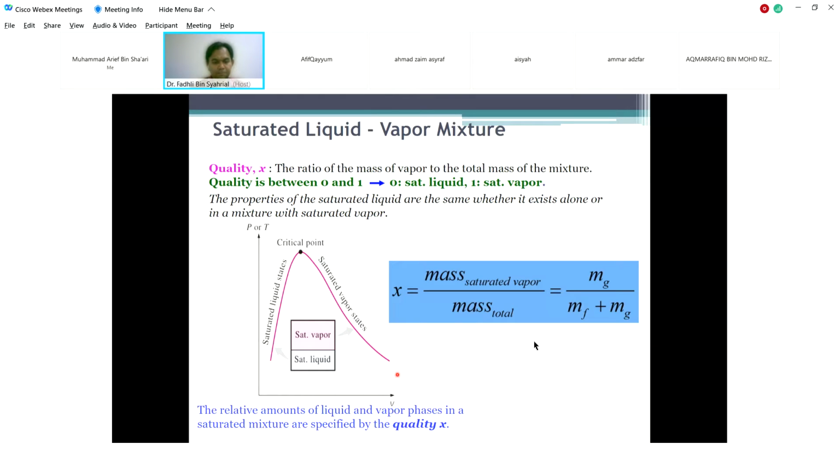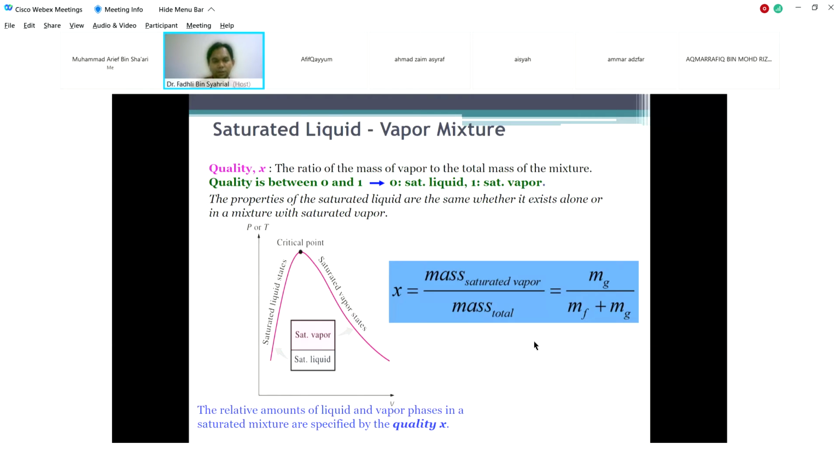So in between these two curved lines, or in this region, the phase is saturated liquid vapor mixture. Okay, so in order to learn how to analyze the saturated liquid vapor mixture phase, we have to know about quality.